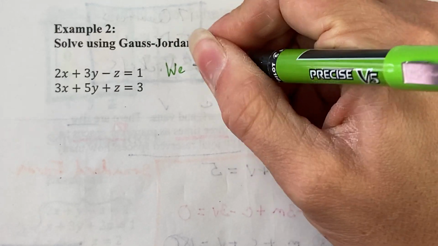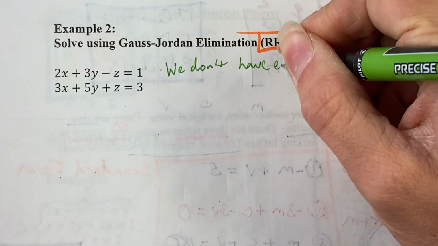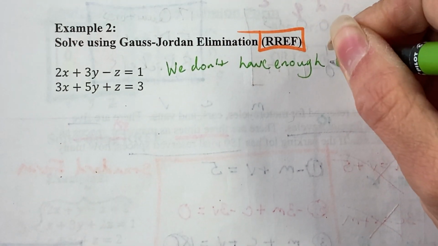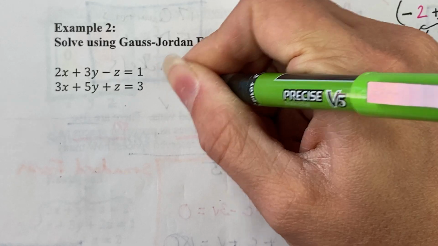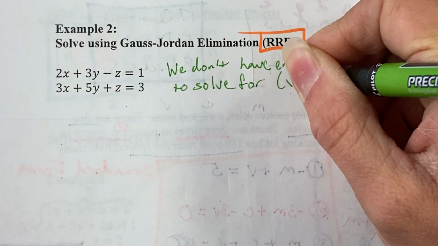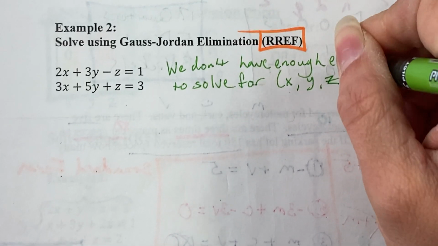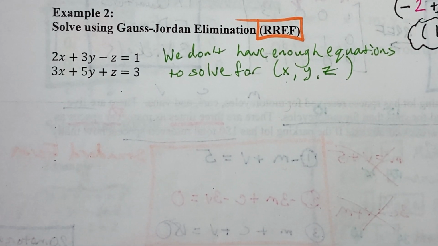So we don't have enough equations to solve for an x, y, z coordinate. So how many equations do we have? 2. How many variables do we have? 3. So less equations than variables, we know we are going to have a special case.